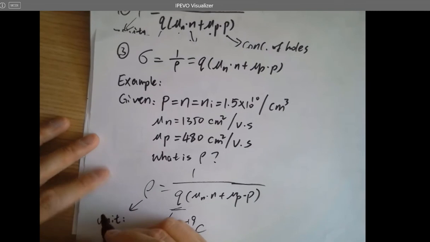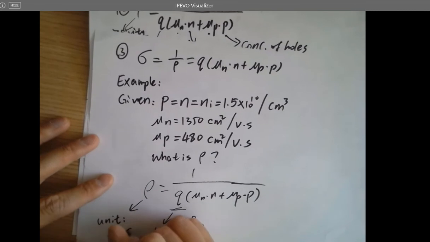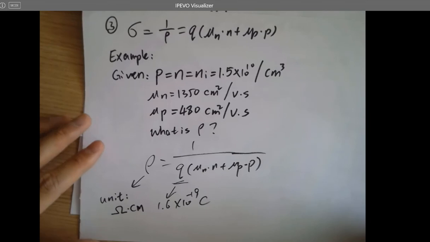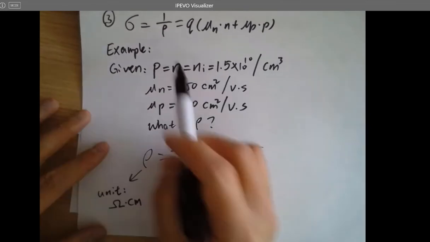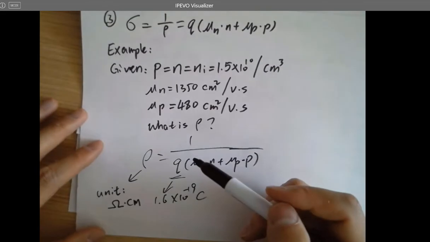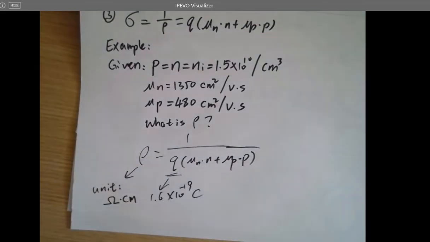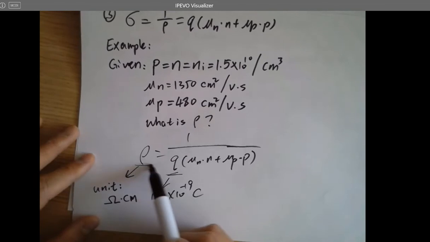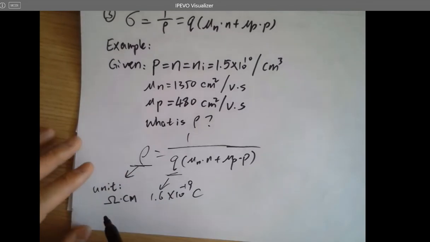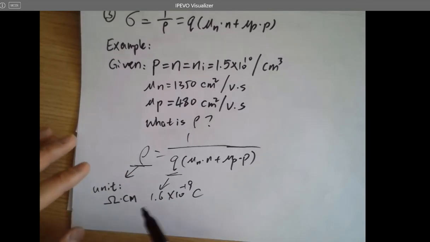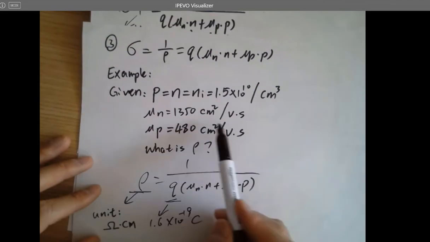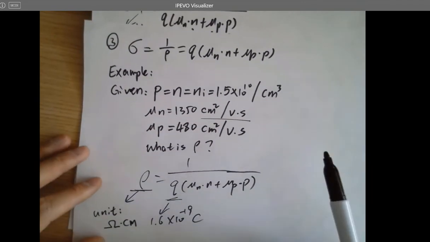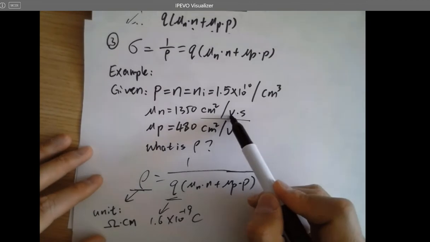It is ohms times centimeter. It's being used here in the semiconductor scale. But in general, in electrical engineering, the resistivity unit is actually ohm meter. Voltage times second.